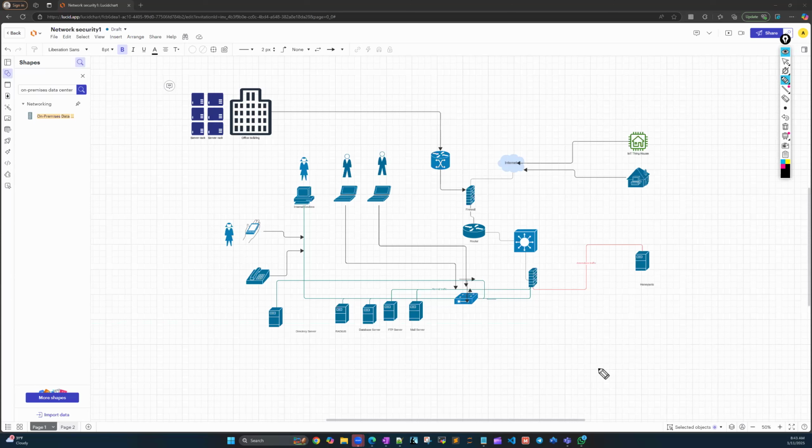It can be called topology, a blueprint, or a network architectural design. The network architectural design is the blueprint of the network of an enterprise. Because if we want to build a house, we need to have a blueprint.